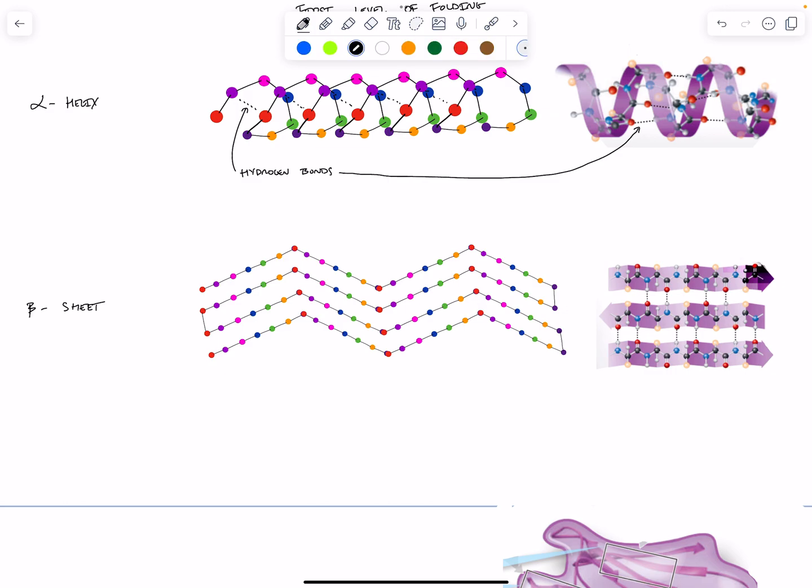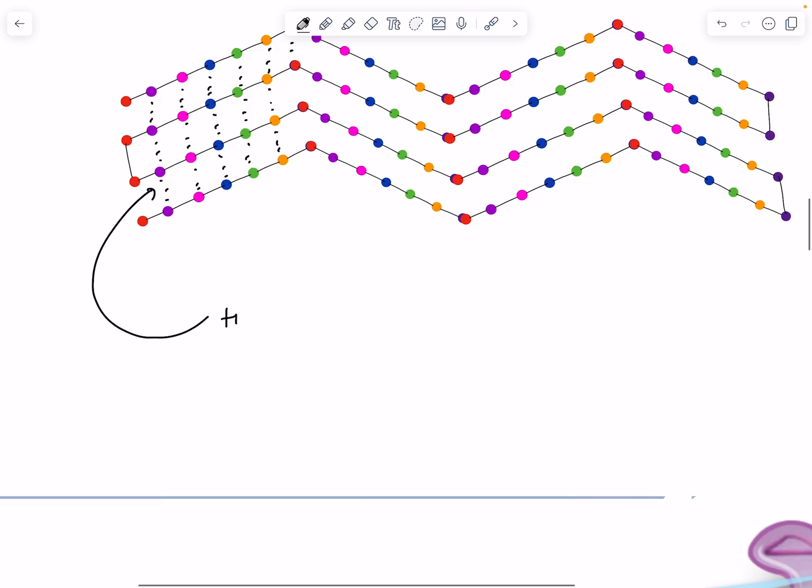And again, this structure is held together by hydrogen bonding interactions between one row in the sheet of amino acids to the next row of amino acids in the sheet. So this is held together by hydrogen bonds.